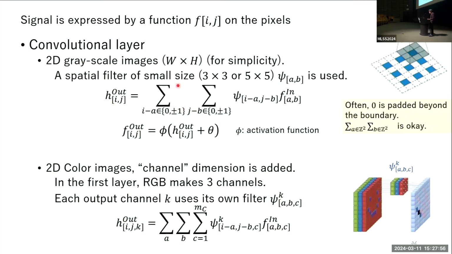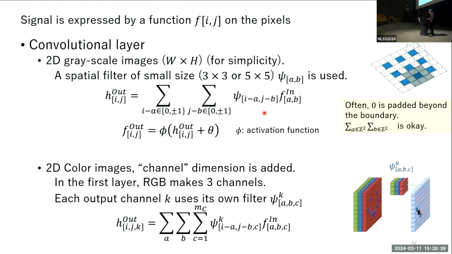More mathematically, let's think that the spatial filter is 3 times 3, like in this picture. Then we shift the spatial filter to compute the output value at the pixel i and j. We shift the small spatial filter by i and j, and take the inner product between the filter value and the signal values. And usually some nonlinear mapping like a sigmoidal function is applied to the output.